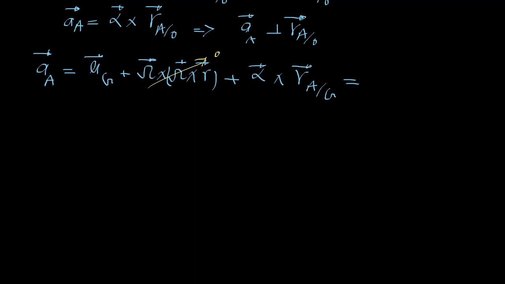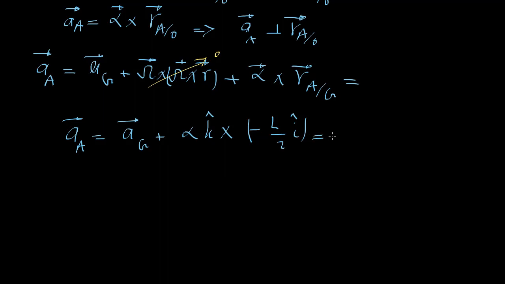So we have A A is equal to A G plus alpha, unknown, we consider it as alpha in the K direction, cross R A with respect to G. That would be minus L over 2 in the I direction, or L over 2 in the minus I direction. Let's also decompose that vector, A G X in the I direction plus A G Y in the J direction.